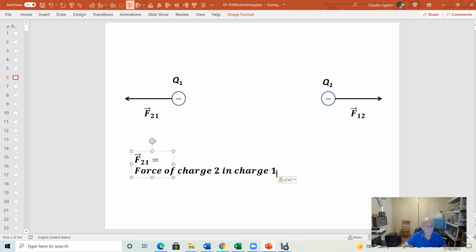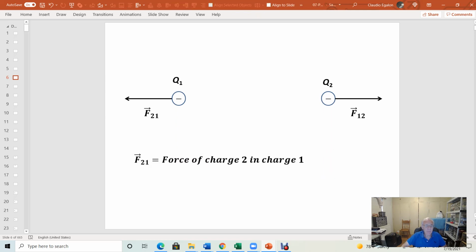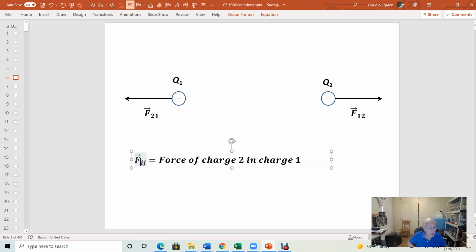Force of charge I on charge J. Put that between quotes so you know it's a name. You replace I with 1 and J with 2. You get this one here, right? That's how I use my notation.